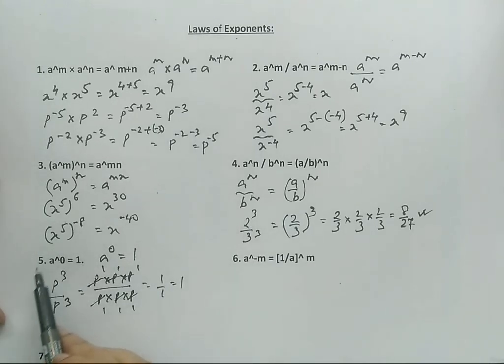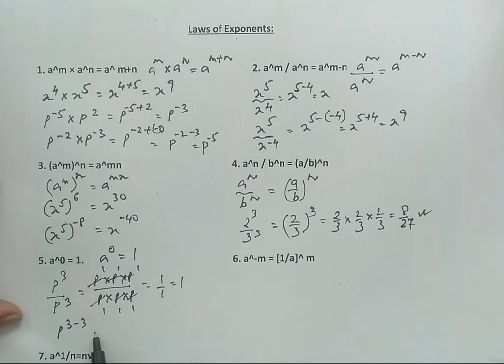But if I were to follow this rule, would I not write this? 3 minus 3, which is P to the power 0, which will be equal to 1. And so the case is closed. I know that a to the power 0 will always give me a 1. And why? Because P into P into P over P into P into P will give me, on cancellation, 1.